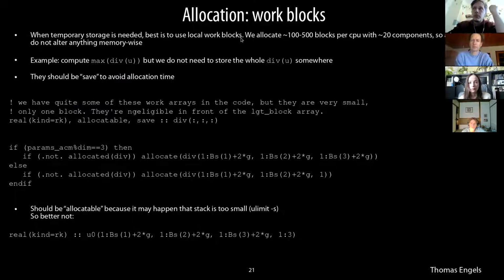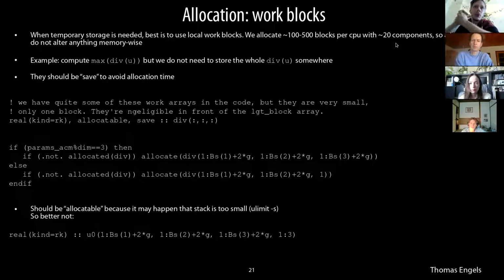And as you have seen previously, we allocate, let's say, between 100 and 500 blocks. They have roughly 20 components because not only the state vector comes into that, but also the right-hand side registers for the time stepper, the mask, the work arrays, and so on. So basically it is, let's say, around 20 or 30 components.